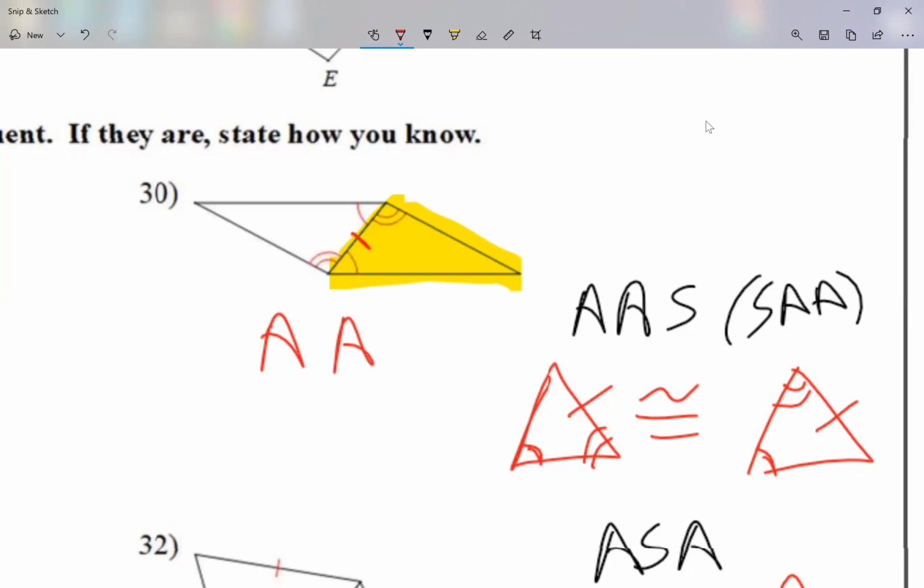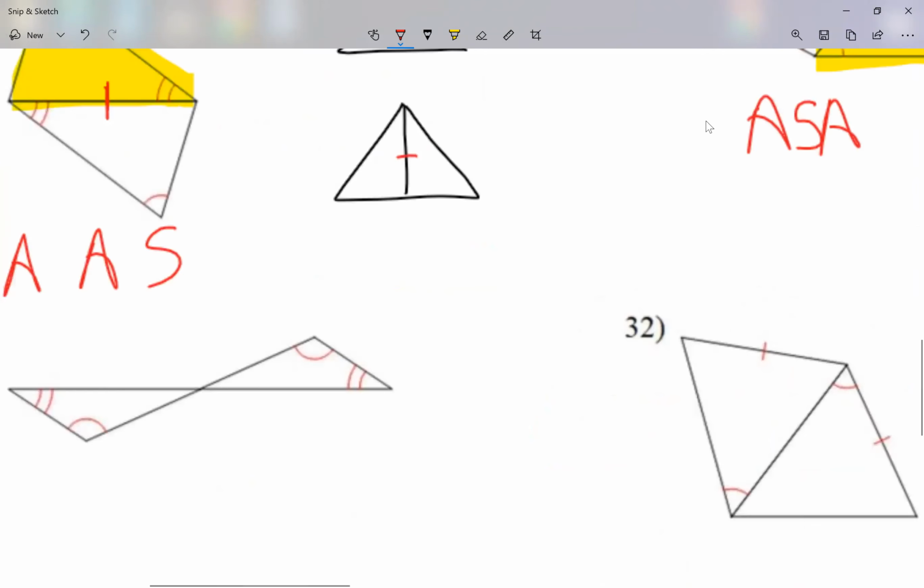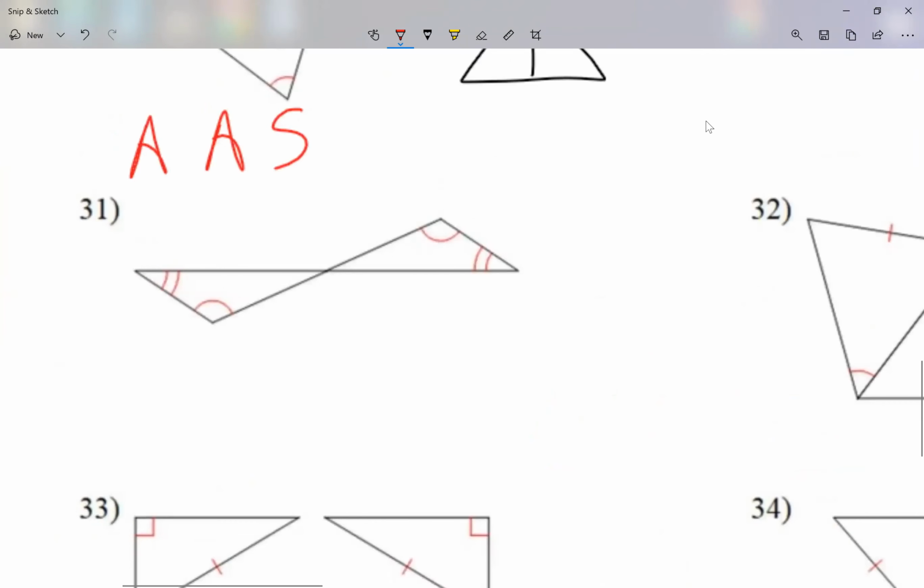And then I ask myself, is the side in between the angles? Yes, it is. So let me put the S right in between them. The other triangle is marked the same way. And I know angle, side, angle is good. So that's it, I'm done. Angle, side, angle.